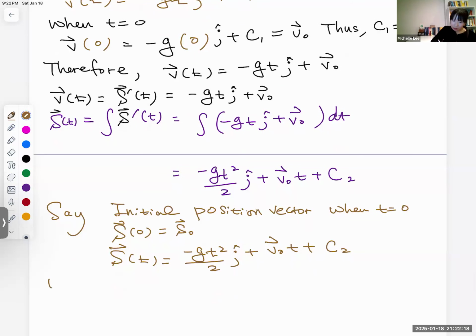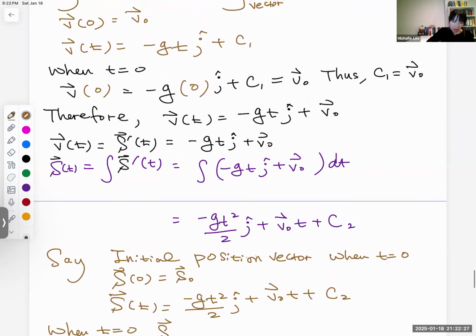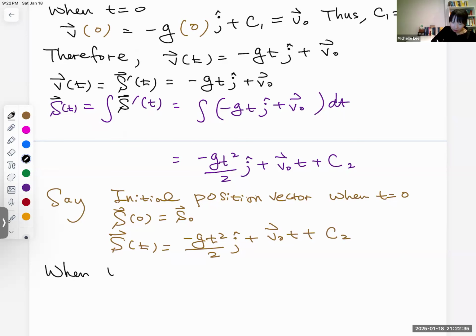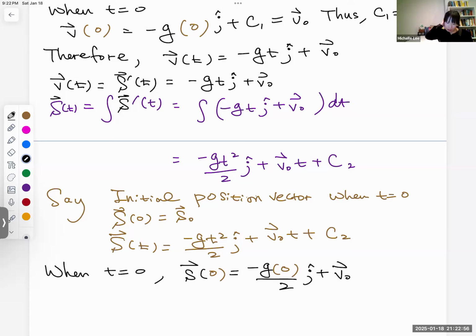Okay, when t equal to 0, so we have s of 0. Oh, different color. Okay. When t equal to 0, s of 0 equal to negative g times 0 over 2 j hat plus v naught times t, which is 0, right?